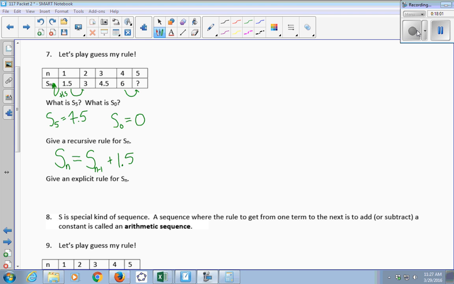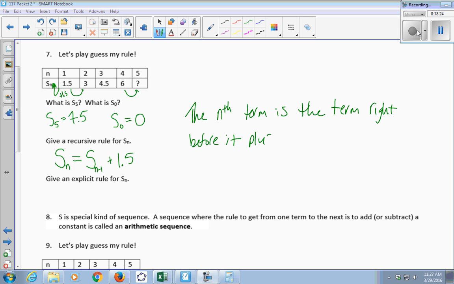Right, so the notation is difficult, but it helps me sometimes to just write a sentence in English that I would say, okay, the nth term is the term right before it, plus 1.5.